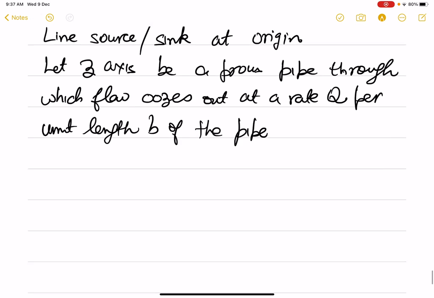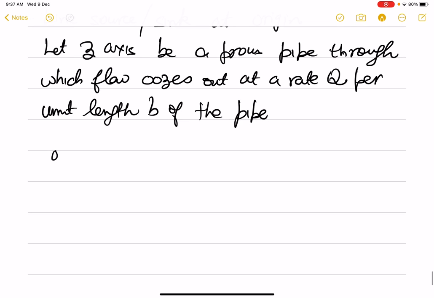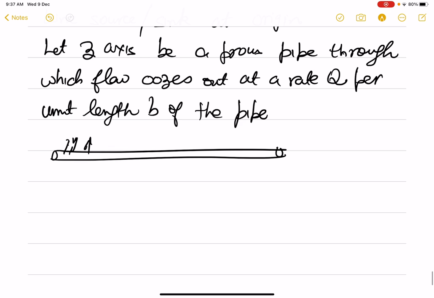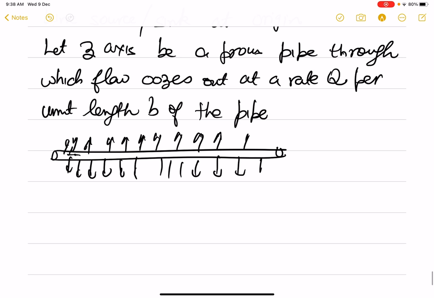So think of a very thin pipe, a porous pipe through which flow is oozing out in a radial direction from all its surface. So we are shown only the top and bottom surface all around. So if I look at the side view of this pipe, I look at a very small section and flow is oozing out radially in all directions at a rate Q per unit length of the pipe.